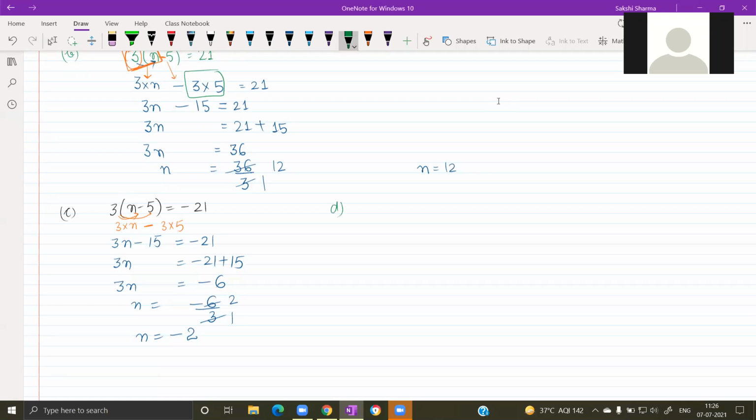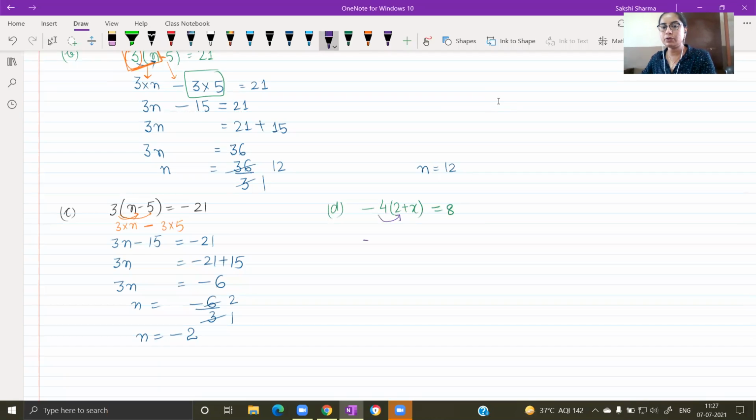B part, we have -4 multiplied with 2 plus x equals to 8. Now we are going to multiply minus 4 with each number in the bracket. So minus 4 multiplied with 2, then we have addition, then we will multiply minus 4 with x.